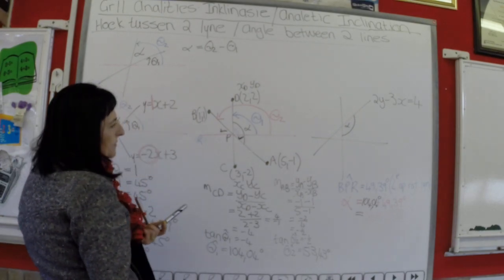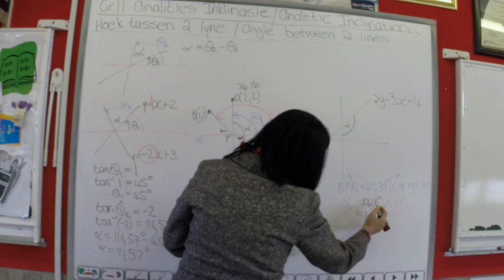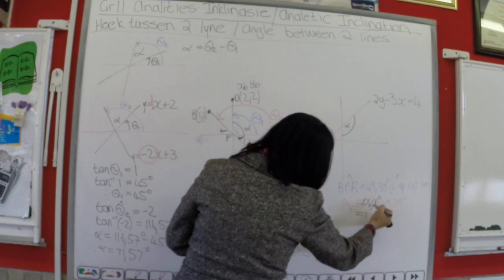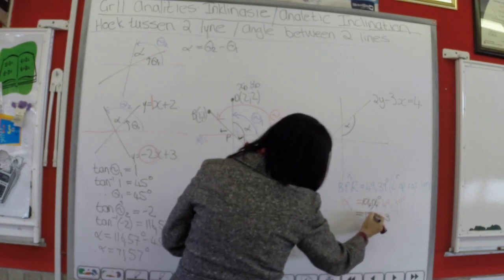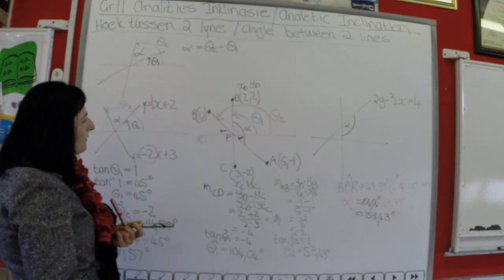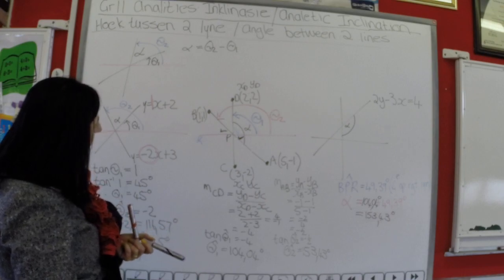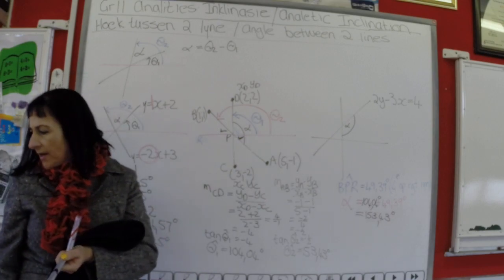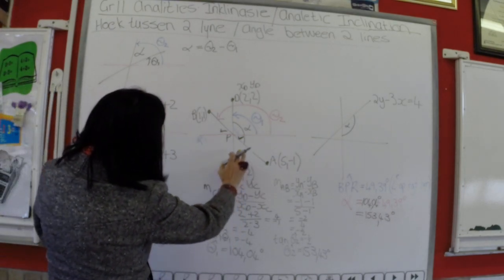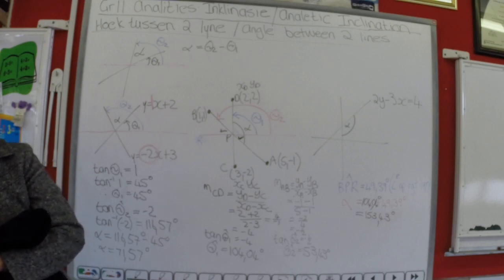Okay, the one in the book is a bit different, so let's start from there, 153,43. The one in the book, see ma'am, I drew wrongly, the angle that we had to work out was this one. Yes, it is.